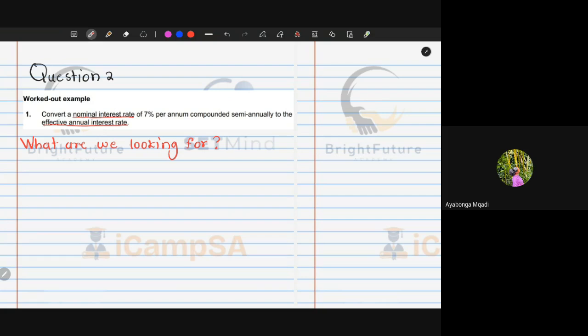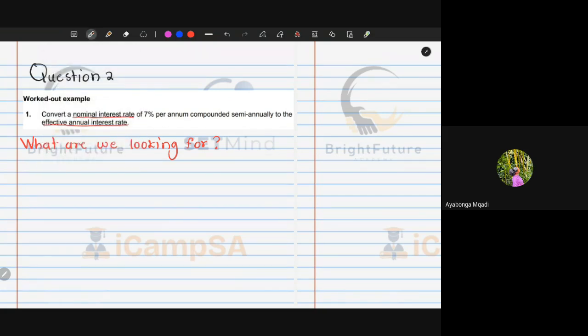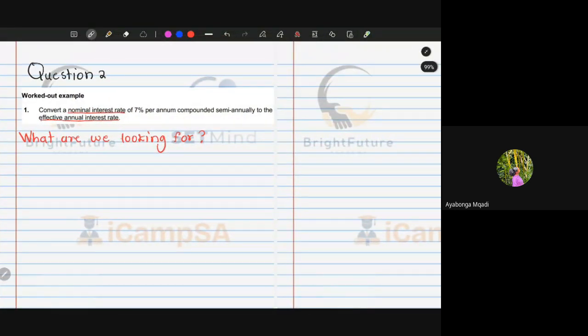Anyone who wants to take this, what are we looking for, guys? Okay, I'm going to give it away. We are looking for I_EFF, which is the effective annual interest rate.